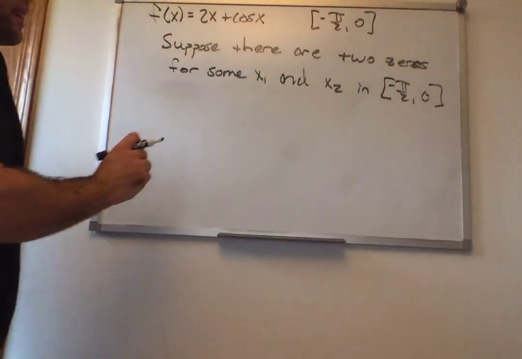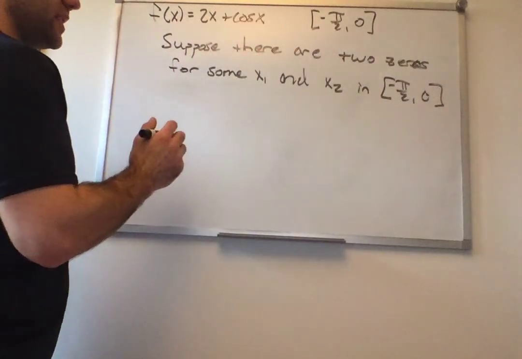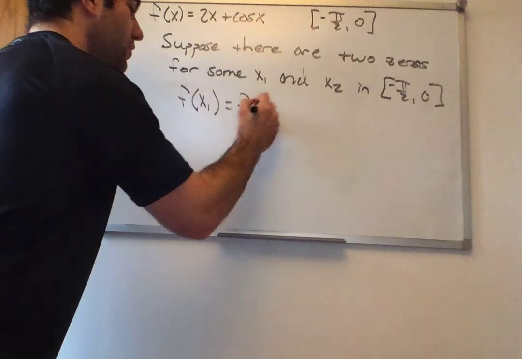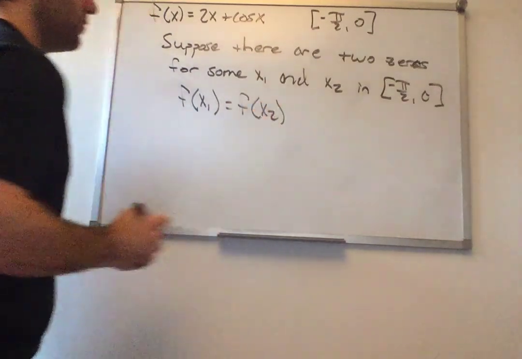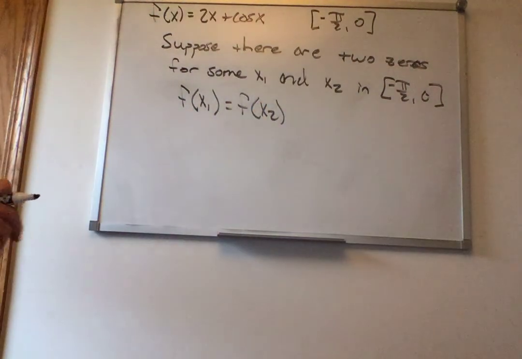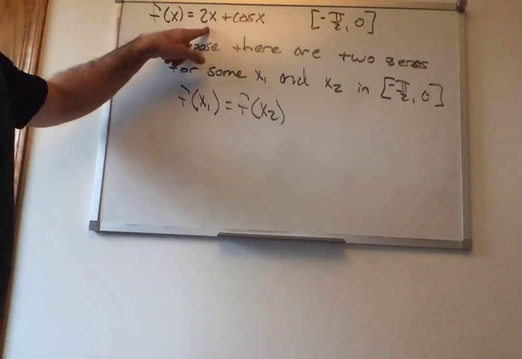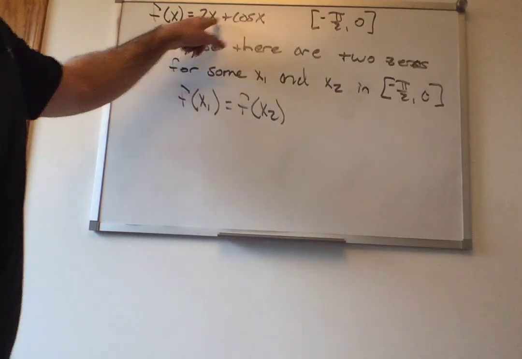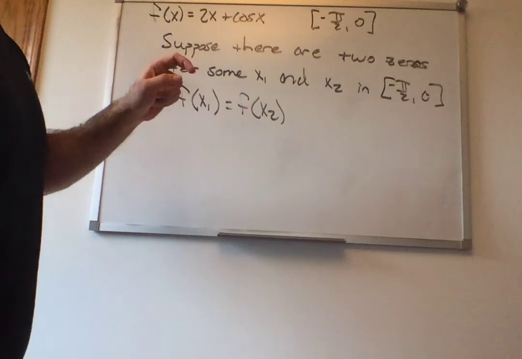So if there are 2 zeros here, that means f of x1 is equal to f of x2. This is a linear function. This is continuous on its domain from negative infinity to infinity, so it's continuous on a closed interval.